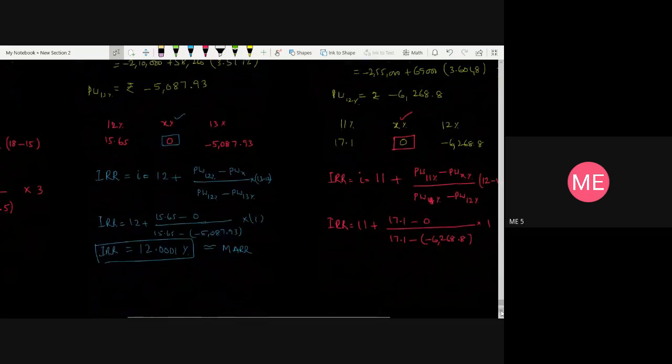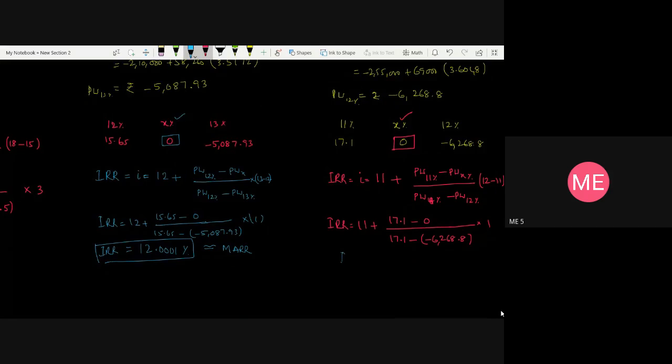Now by finding this value, how much IRR do I get? Of course, since the factor 17.1 is the smaller value, it will be 11.0001%. Which is a very important point here: it is less than MARR.